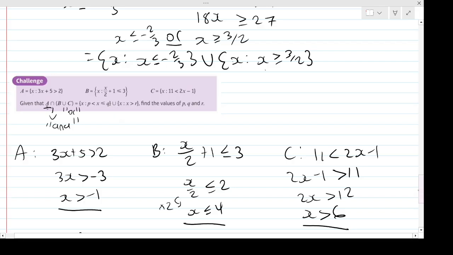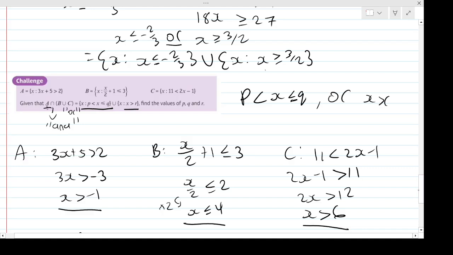But then it's saying this solution has to be the set of values of x such that p is less than x less than or equal to q, or the set of values of x such that x is greater than r. If you get rid of the whole lingo and just focus on the actual inequality inside the bracket, this is saying p less than x less than or equal to q, or x is greater than r.